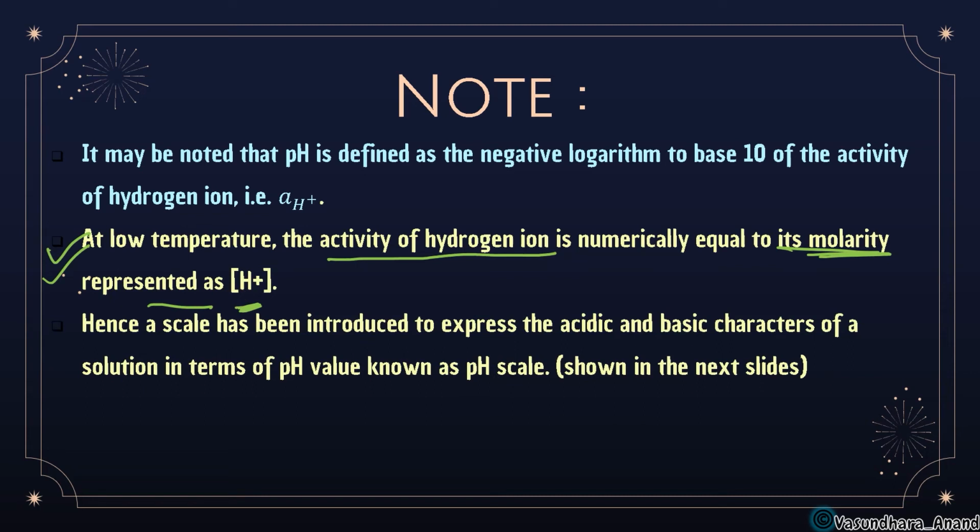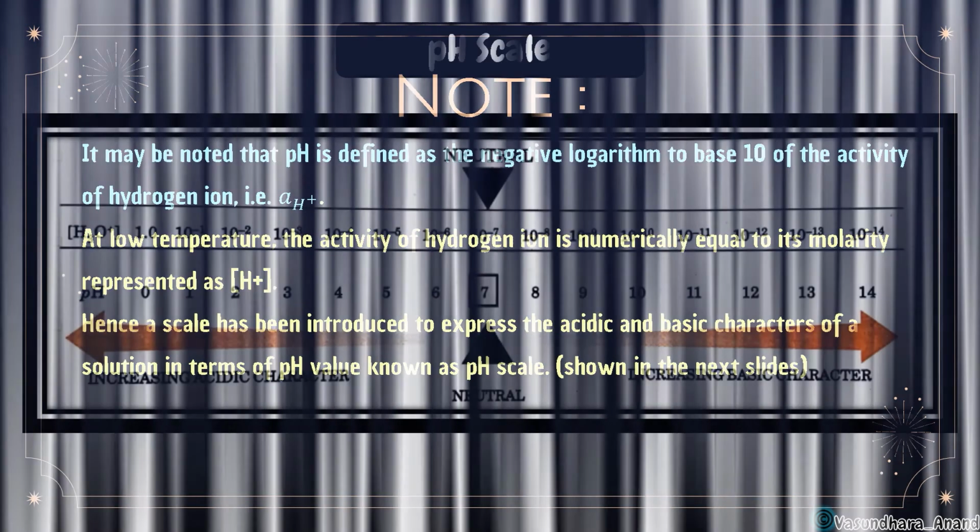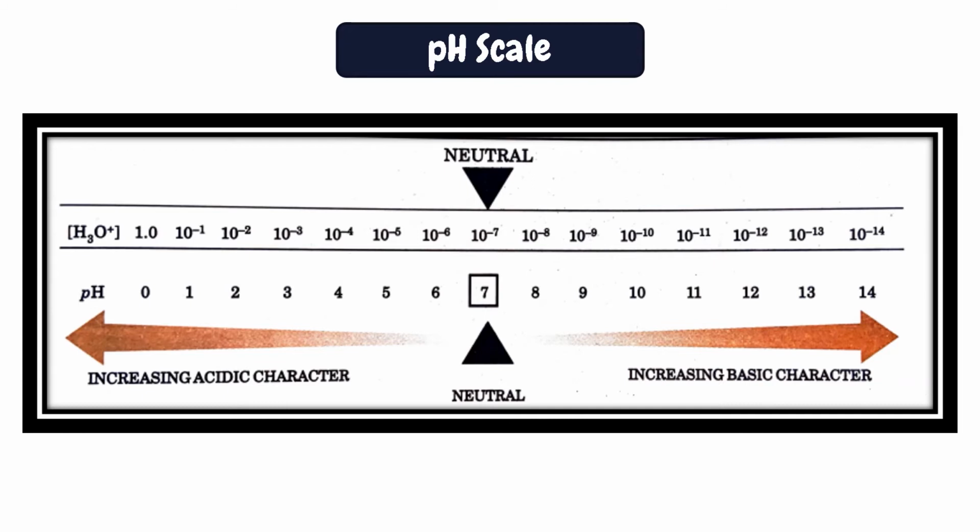Hence, a scale has been introduced to express the acidic and basic character of a solution in terms of pH value, and that is known as pH scale. So let's see the pH scale, how it looks, in the next slide. This is a pH scale. It starts from pH 0 to pH 14. pH 7 is the neutral one.